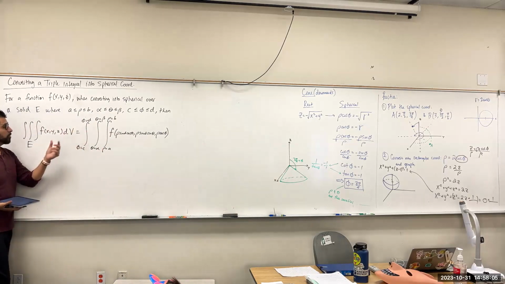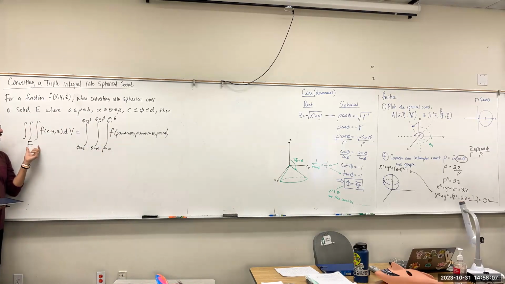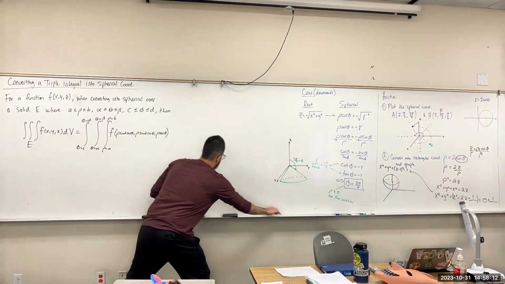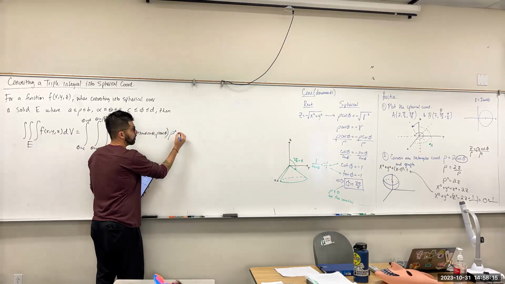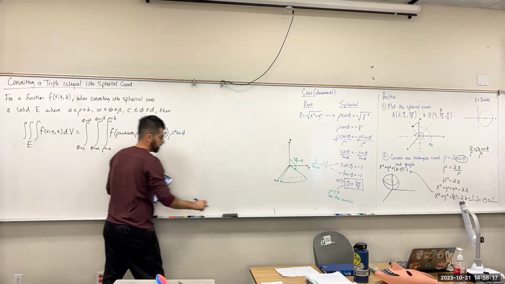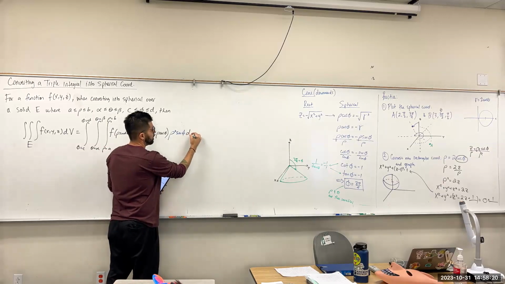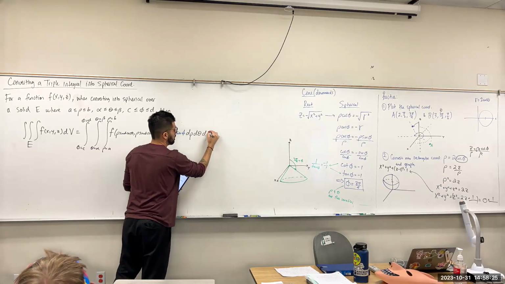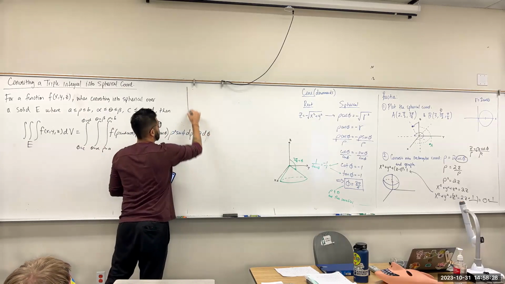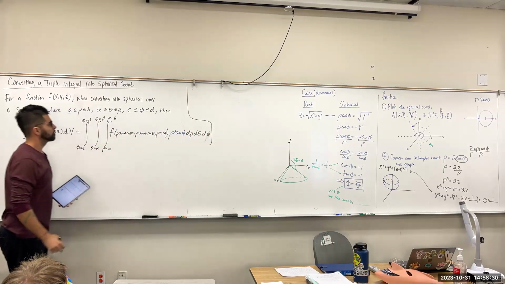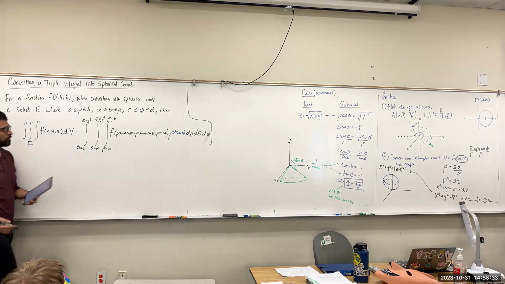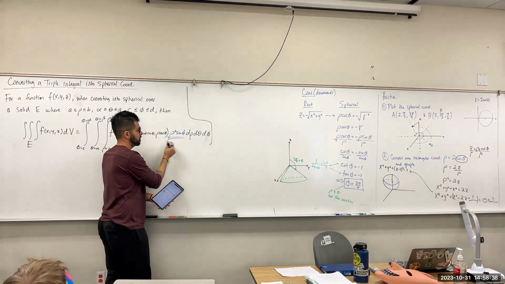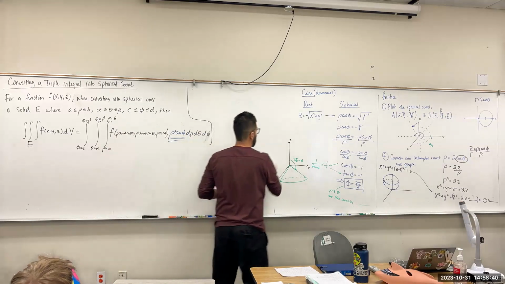But as I was showing you with the diagram, the volume ends up getting scaled by a factor of rho squared sine phi that pops out. So then you get d rho, d theta, d phi. This is the new r that gets popped out in spherical coordinates.